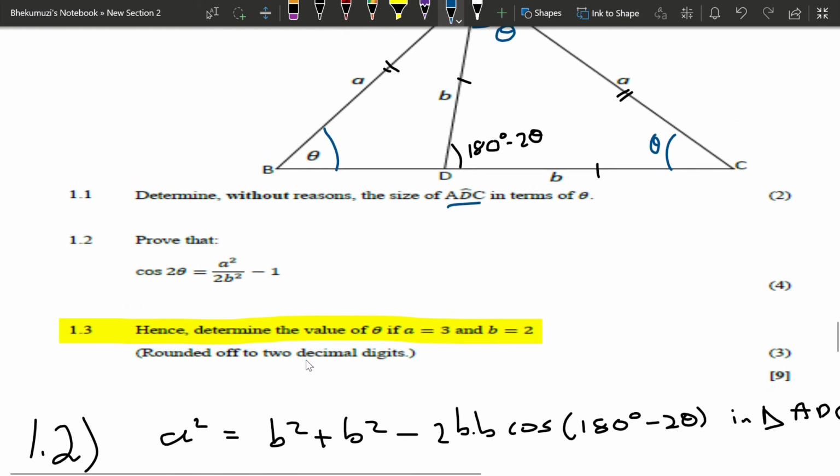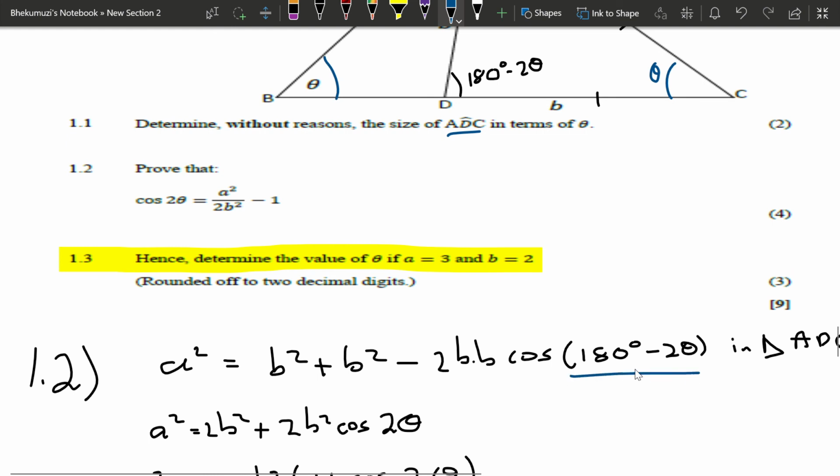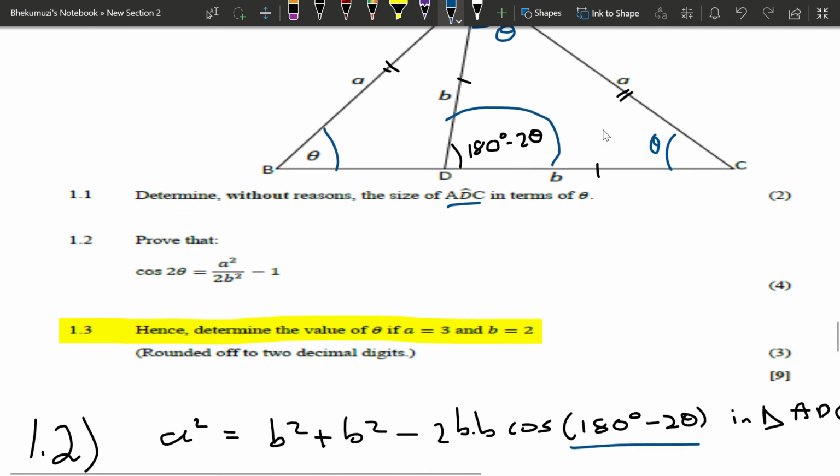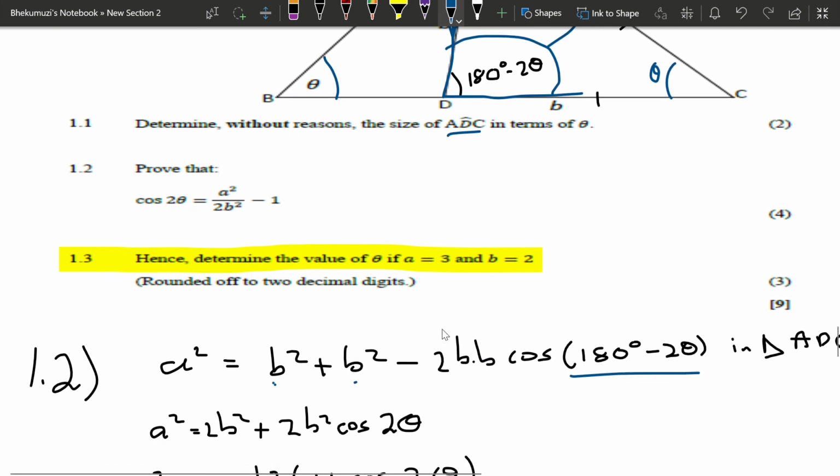The cosine rule says that the side opposite the angle we're looking at, A, equals the adjacent sides squared added together, then minus 2 times the adjacent sides, which are B and B, times the cosine of the angle. That's how we'd find it, right?